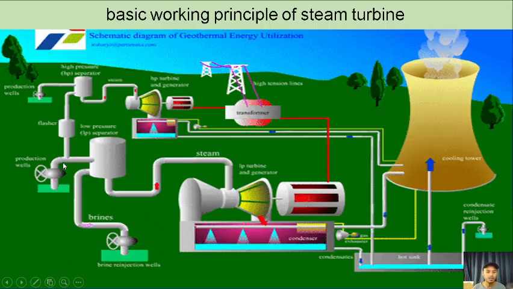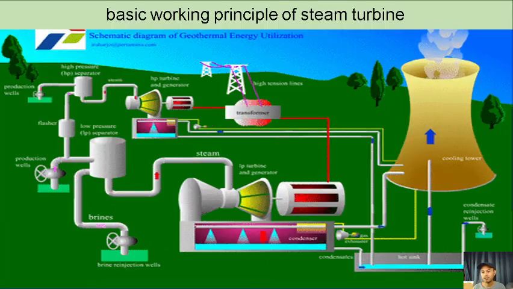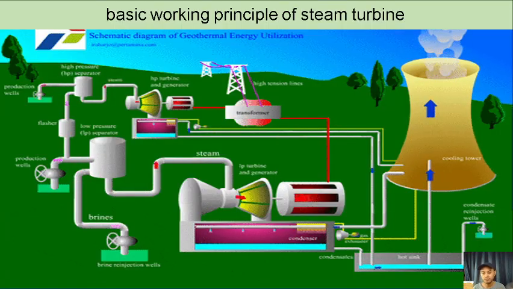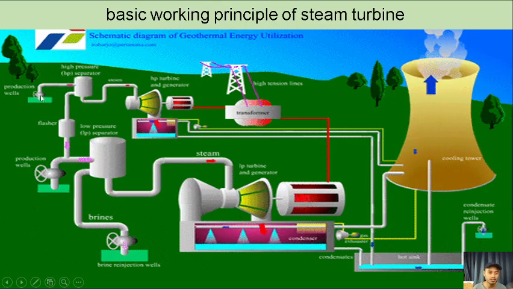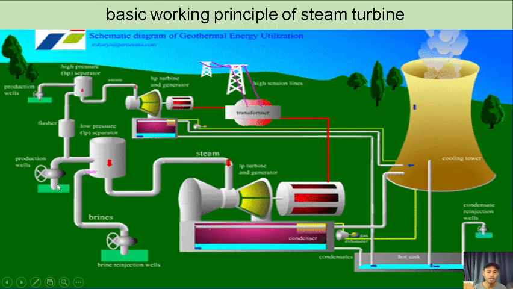This steam will be produced because of the hot volcano lava or magma or whatever. So this steam will be generated because of the hot area around the volcano. These areas are the production wells. So this water will be turned into steam.